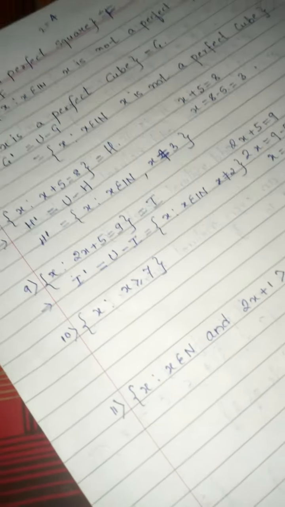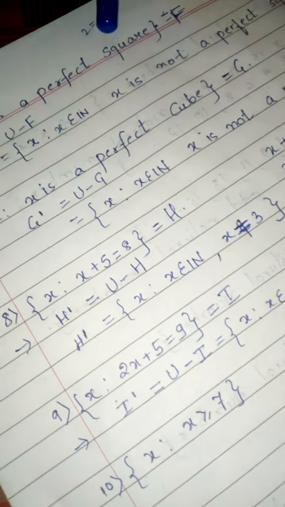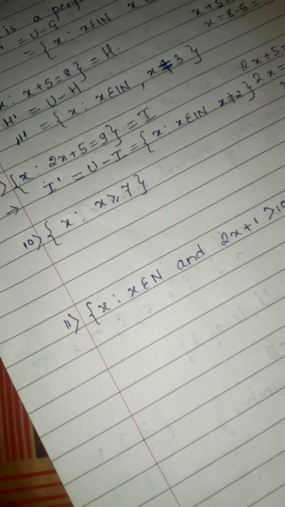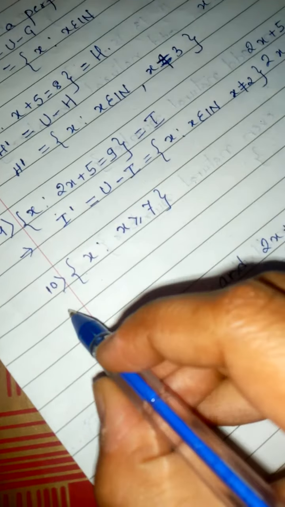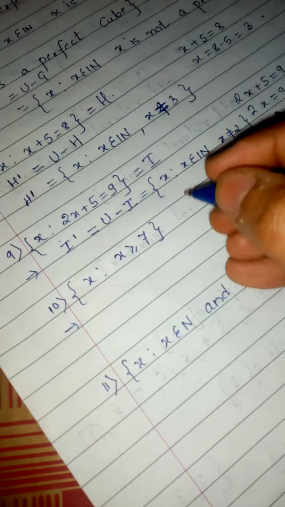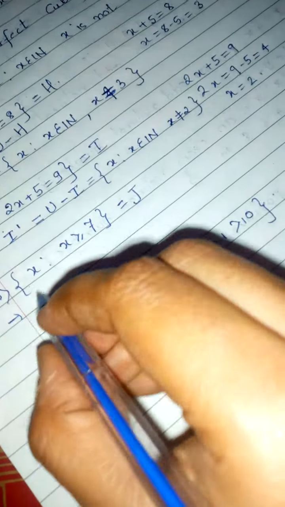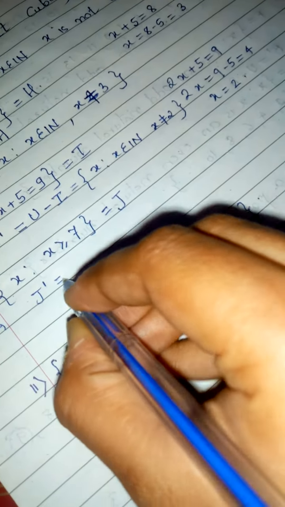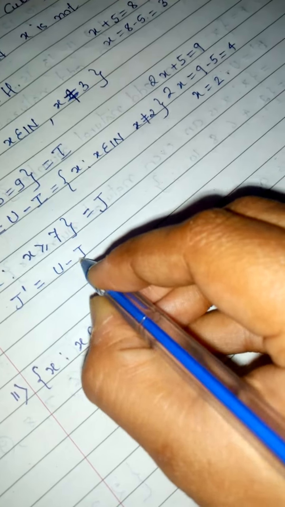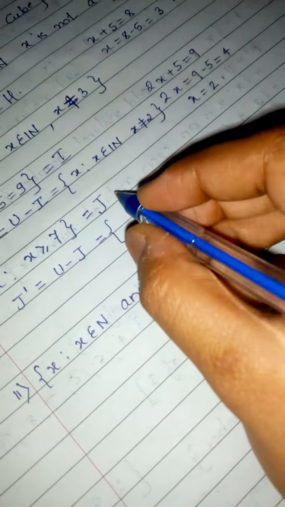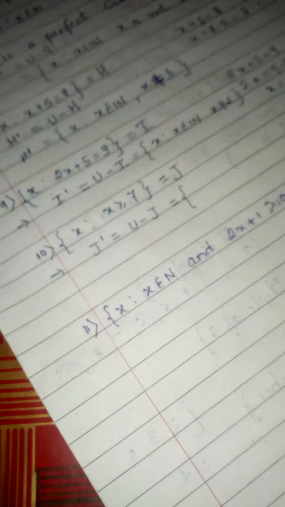Okay, now the 10th question. In the 10th question it says x such that x is greater than or equal to 7. So first denote this set by J, and now let us find the J complement, which will be equal to the universal set minus set J. So now first let us see what is this J set.